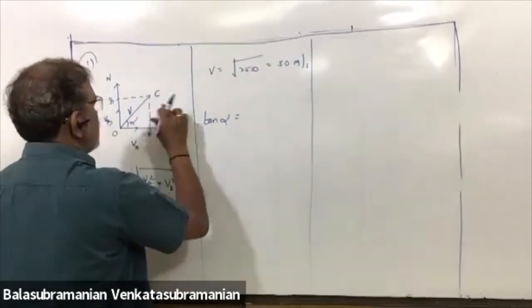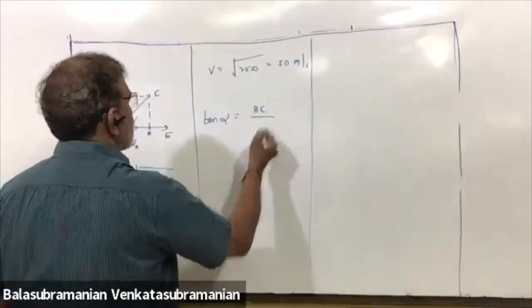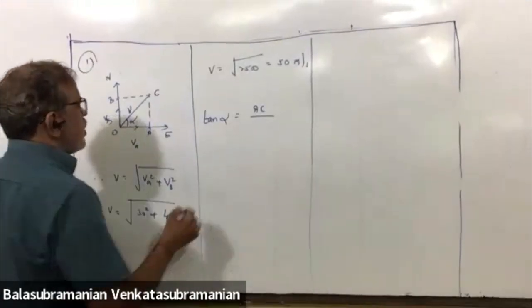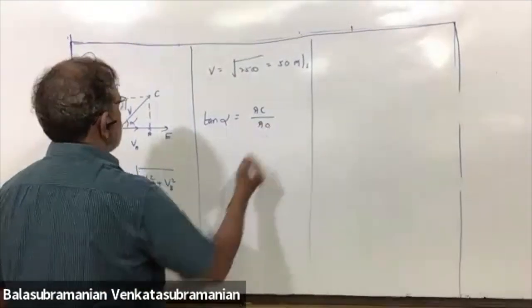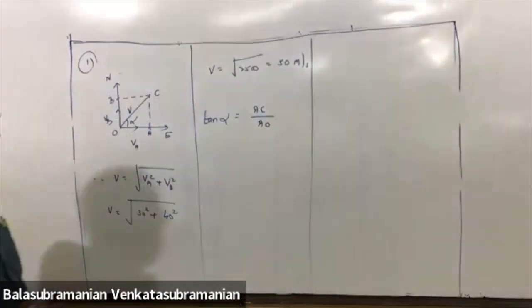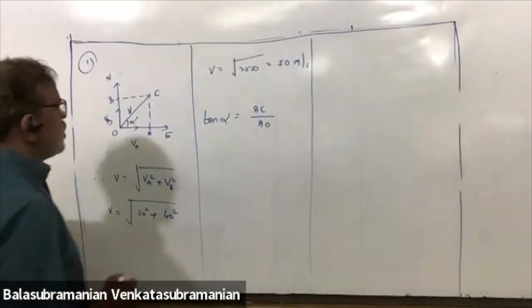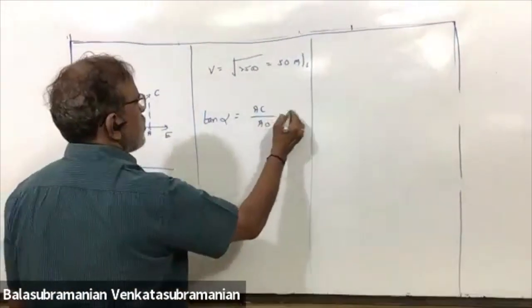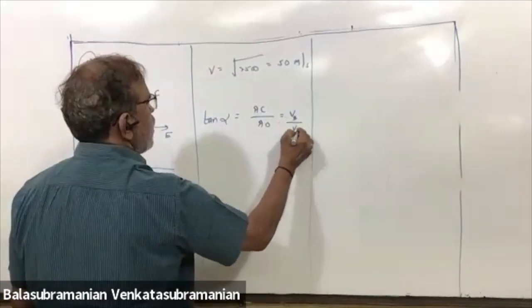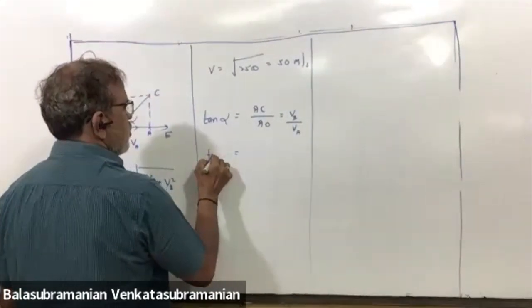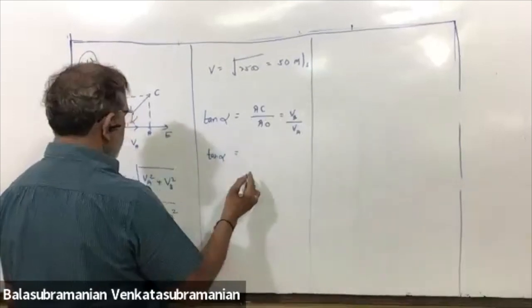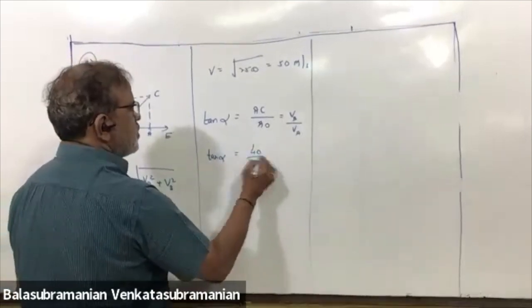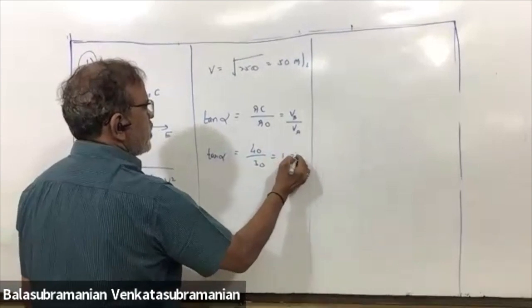So for tan alpha, in the parallelogram you can use AC by AO, opposite side by adjacent side. AC is nothing but VB, and this is VA. So VB is 40, this is 30, giving 1.333.